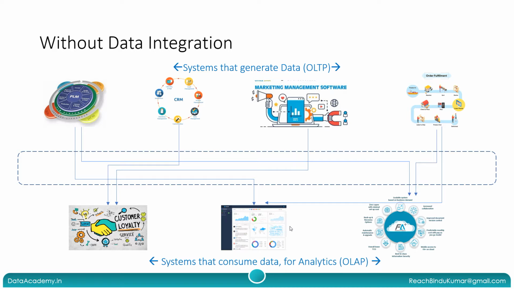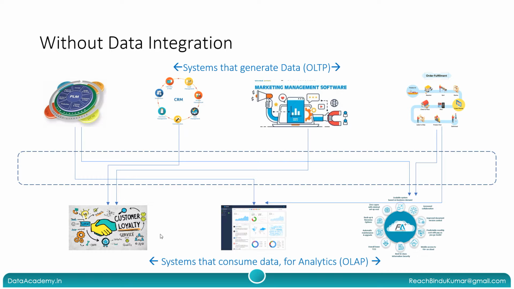For the applications that consume data, obviously they need to connect to the systems that generate the data. Here you can see customer loyalty is connected to the CRM system. It is also connected to the marketing management system. And over time, as you have more and more such downstream applications that need to consume the data, you will see them connecting multiple times.